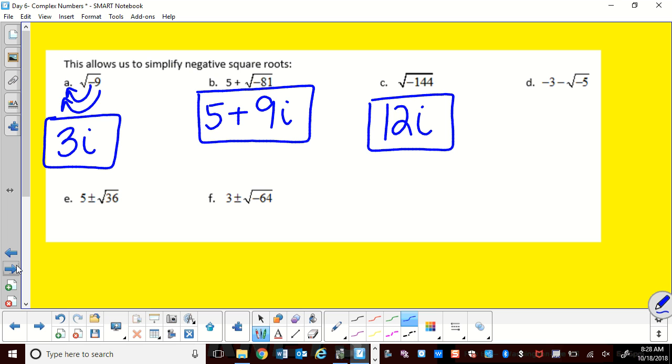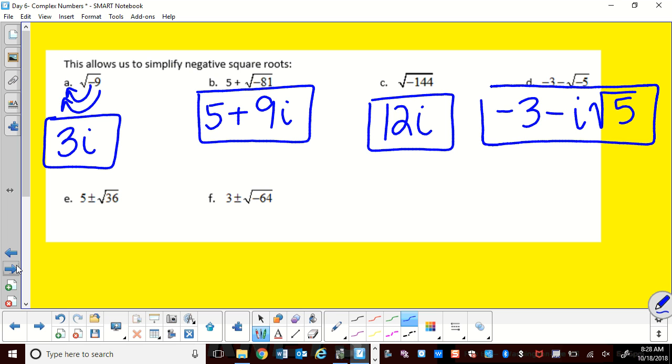So I have -3 minus the square root of -5. Is 5 a perfect square? No, I'm not even going to try to reduce that. But I bring my negative out to be i. The square root of 5 will stay. And that's my answer. I cannot simplify the square root of 5, but that i, or the negative, has to go.